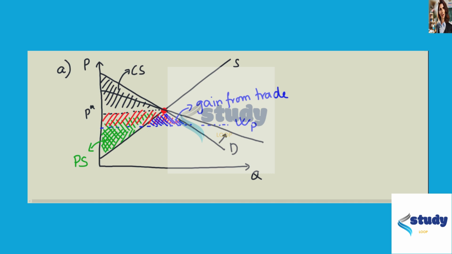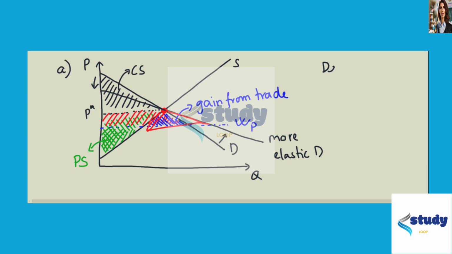We call this a more elastic demand curve. Everything else is the same. And now, do you notice what happened to the gain from trade area? This area gets larger.